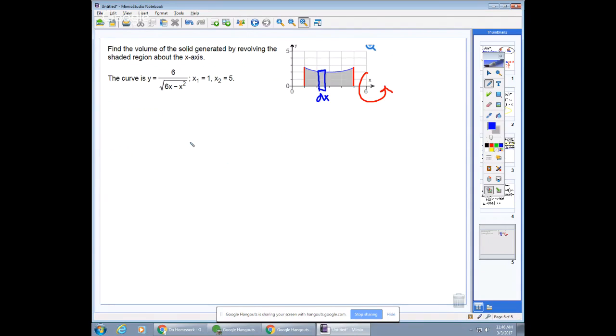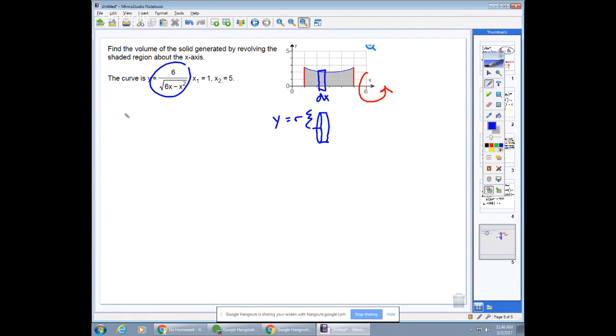All right, so that means when we revolve this around the axis, we're going to generate these micro thin disks, and we need to identify that radius. The radius here is just the height of the function. So our function y equals is our radius there.